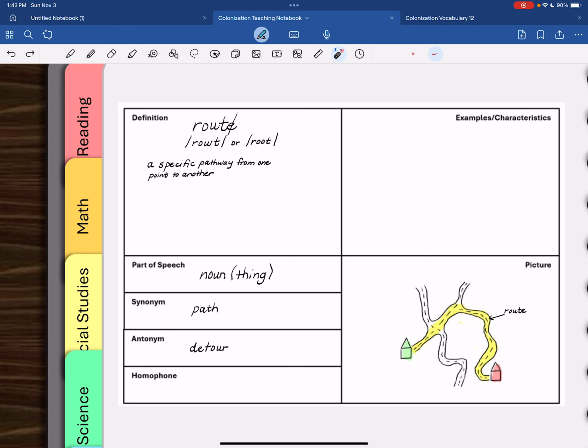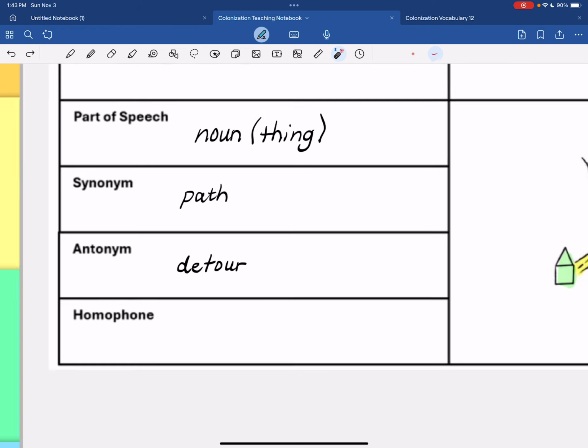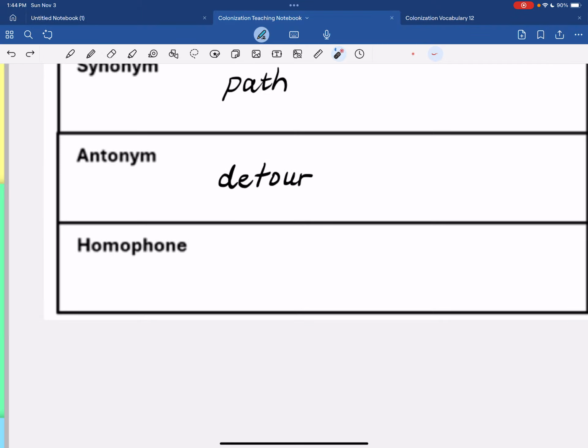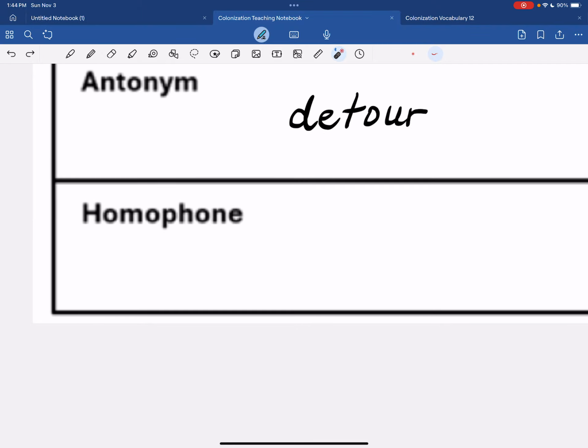This one does have homophones. And before I tell you what those are, I want to tell you what that means. So remember, whenever you see homo, it means same, wherever you see it.